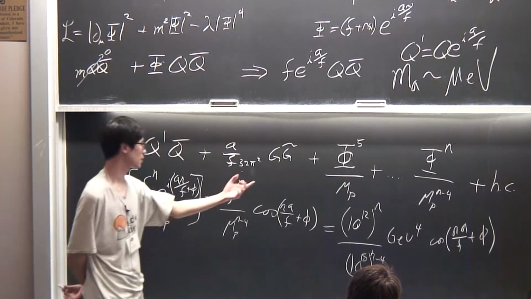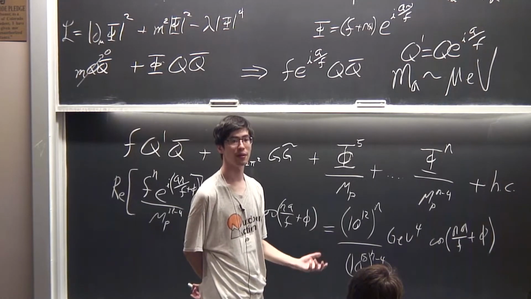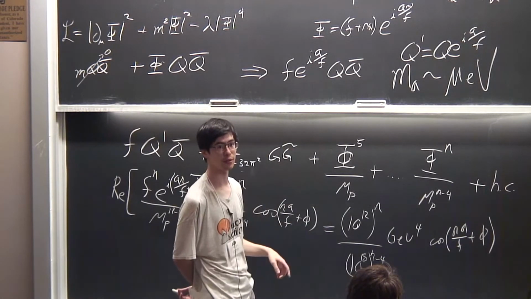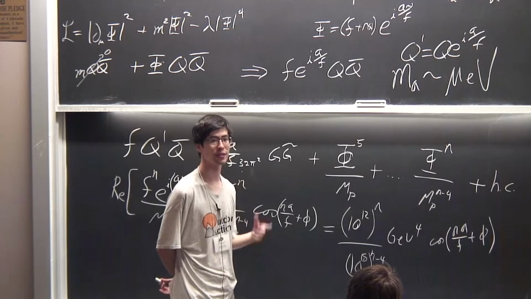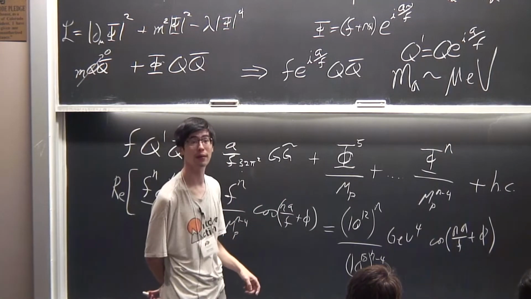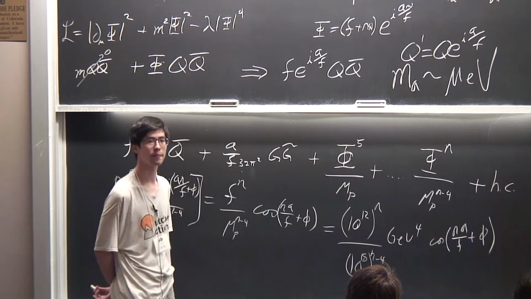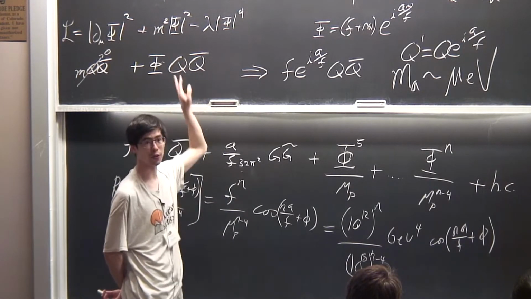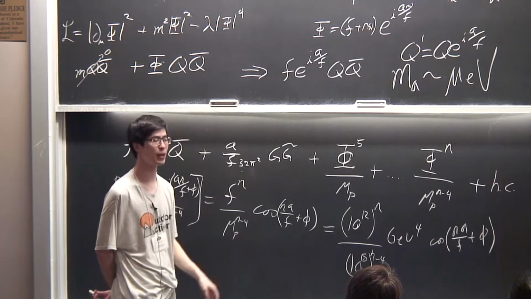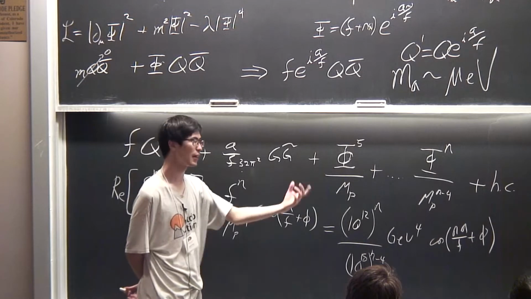It turns out that you have to suppress it to m Planck to the 10th power to make that a good EFT that looks like that. And so the statement is really, it's hard to make an EFT that looks like the one we want. The EFT by itself solves all the problems. It's just that you can't make an EFT that looks like that well enough, at least not easily.